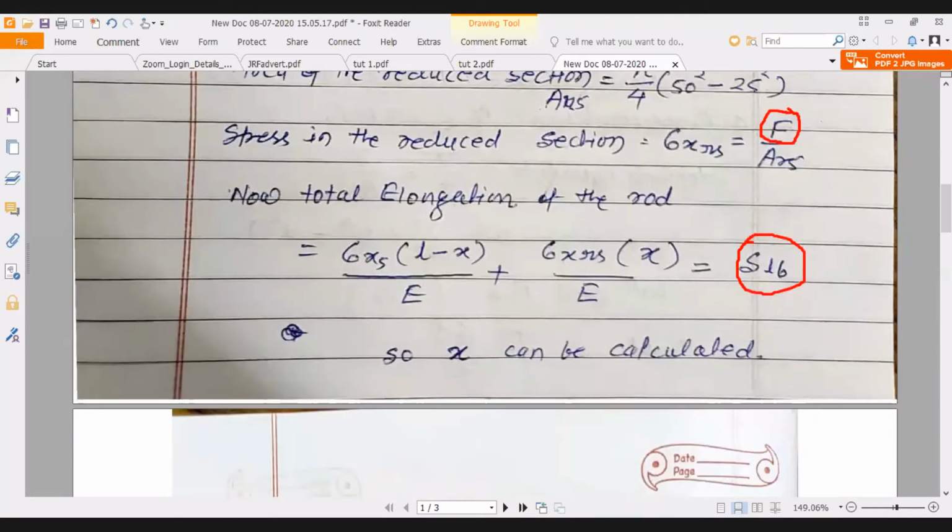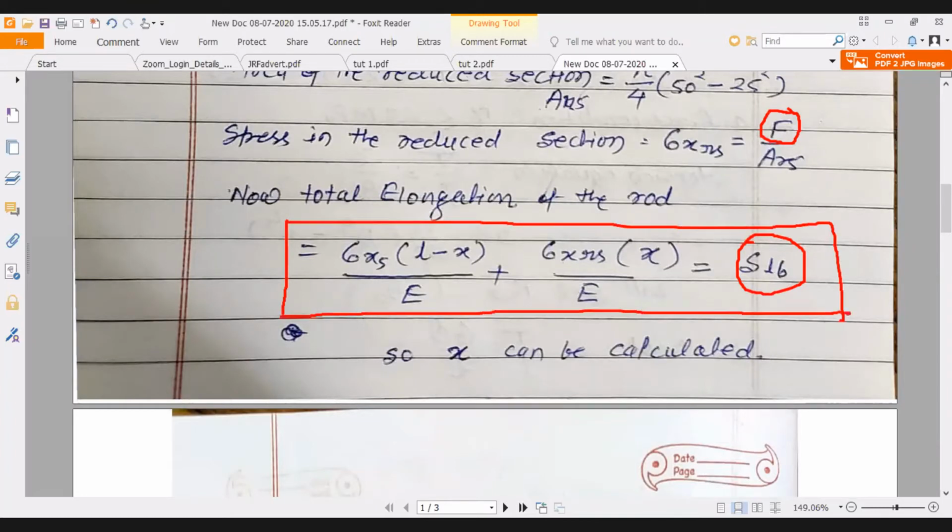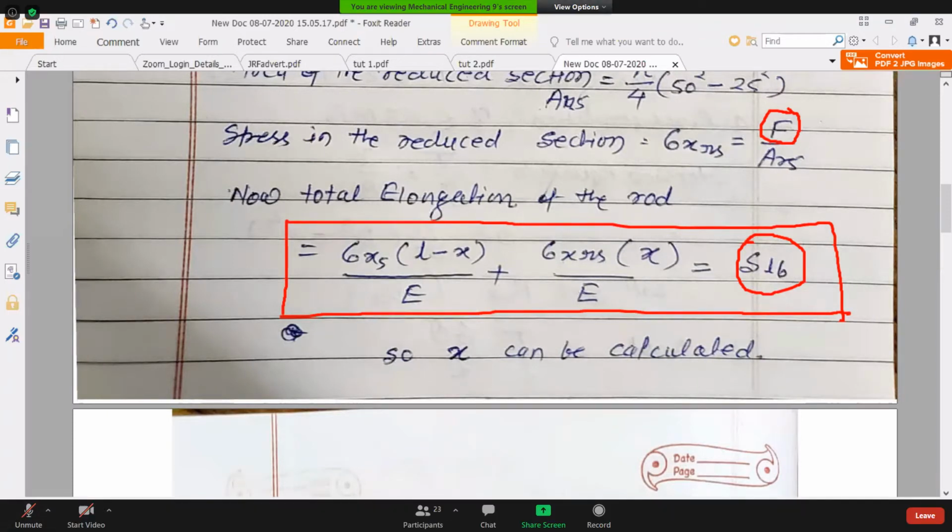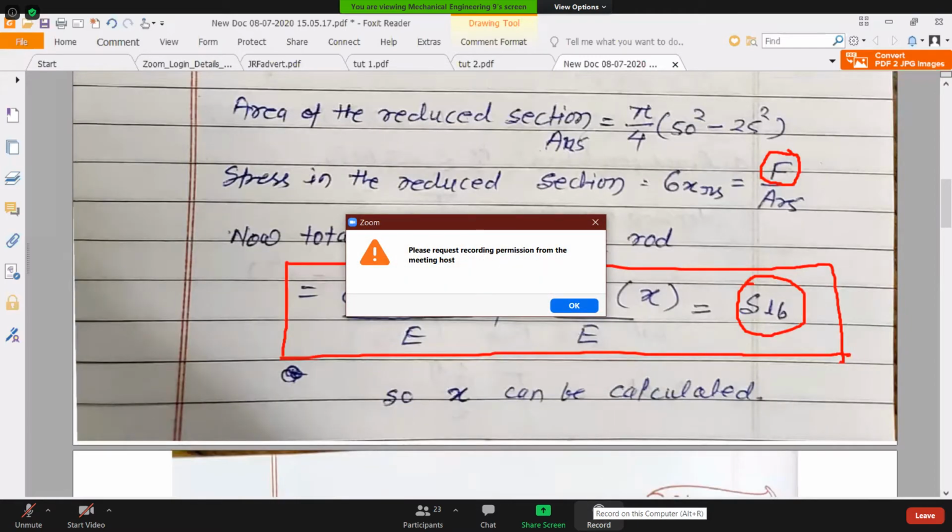Okay. So in this relation, are you able to see the annotations? Yes, sir. Okay. In this relation, the only unknown parameter is x, and all the other parameters are known to us. So this is a simple equation, and you can easily calculate the value of x with it.